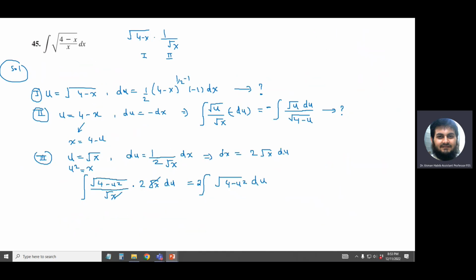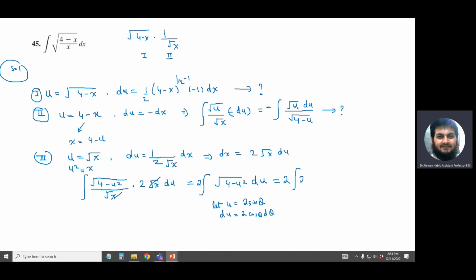Let's solve this again. For this, we can let u equal 2 sine of theta. This means du equals 2 cos of theta d theta. This integral becomes 2. The 2 will come out.